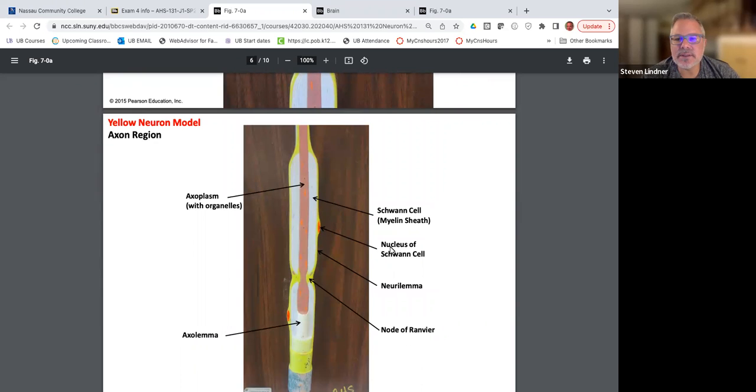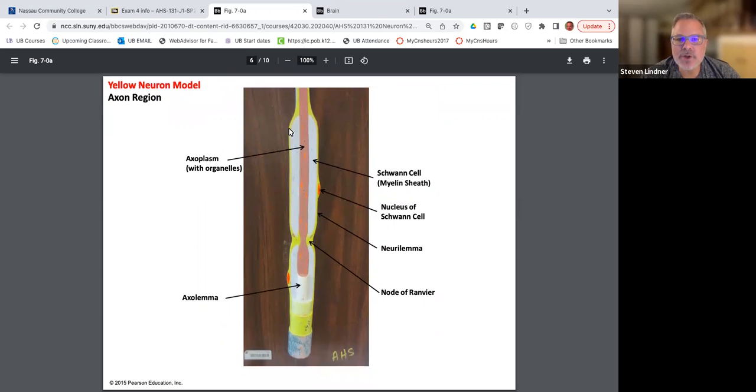This is just the nucleus of a Schwann cell. And again, where one Schwann cell and another Schwann cell unite, where they come together, that's the unmyelinated portion referred to as the node of Ranvier. That's where saltatory conduction takes place, or the action potential leaps and jumps over that unmyelinated portion.